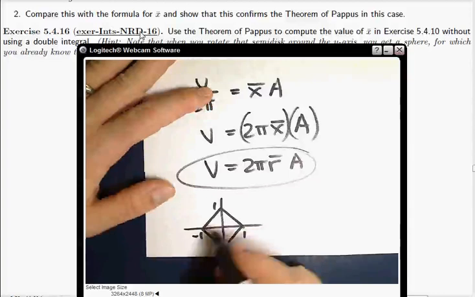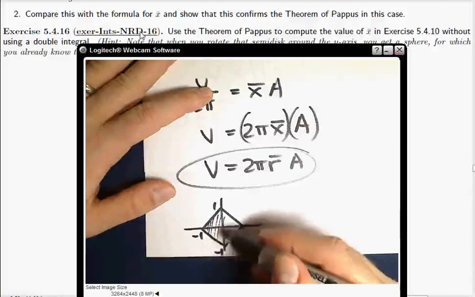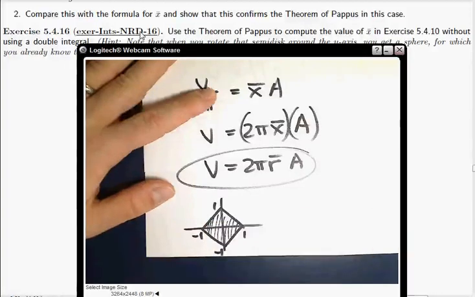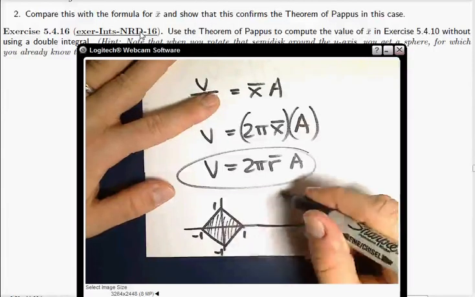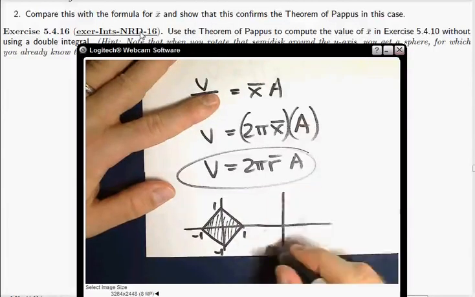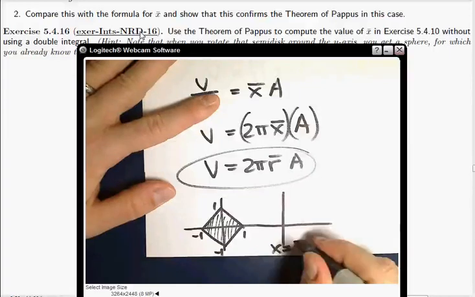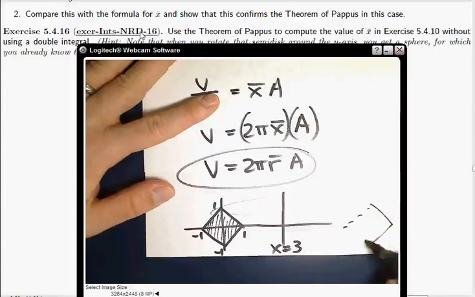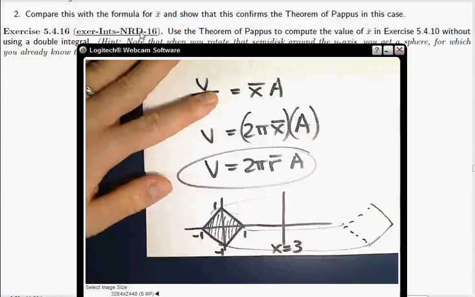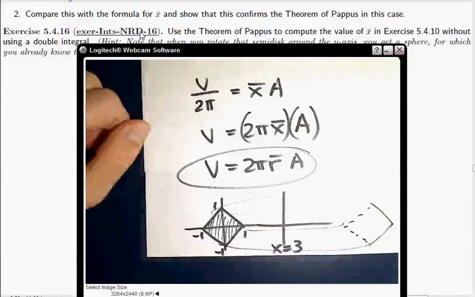So you take this little diamond shape, and rotate that around. I think we were rotating it around the line x equals 3 or something. And you take that and rotate it around, and it gives you some shape kind of like that. And the problem was to compute the volume of that sort of diamond donut, as it were.